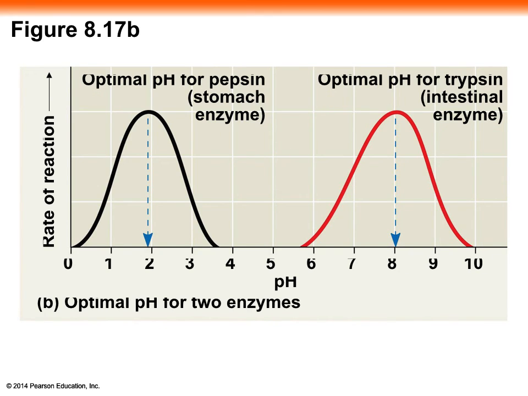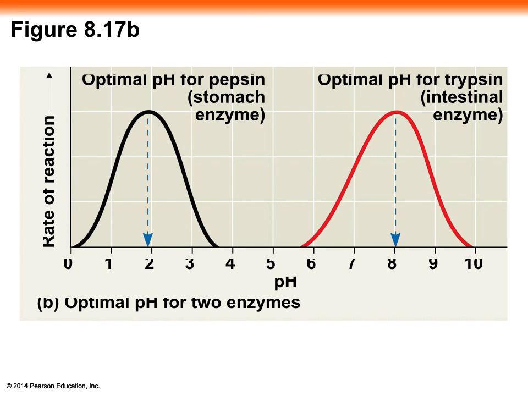And the same idea, an enzyme in the stomach that's supposed to break down foods has an optimum pH of 2, which makes sense because that is the environment of the stomach acid.